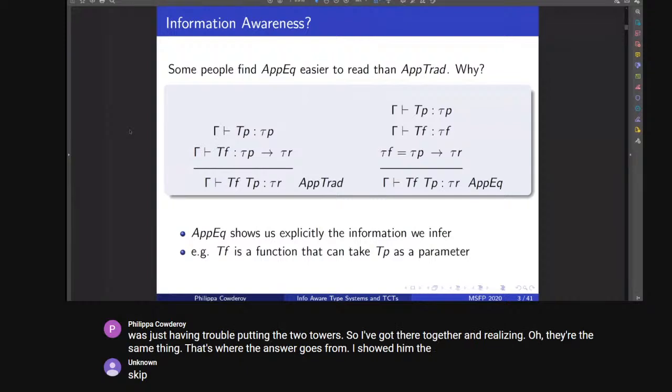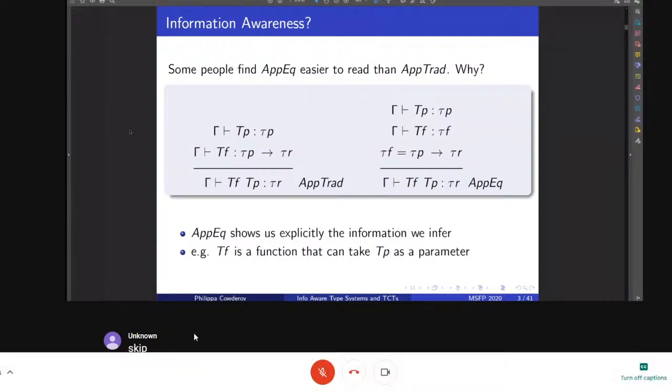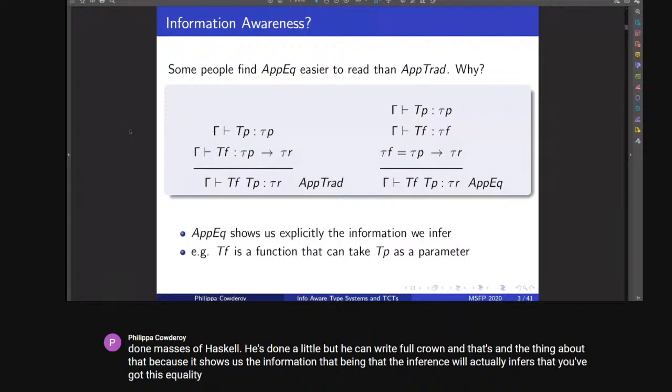Now, Dad's not done masses of Haskell, he's done a little, but he can write Fortran in it. And the thing about APIC is that it shows us the information that the inference rule actually infers, that you've got this equality, and we can reason with it, so we can work out that TF must be a function that can take TP as a parameter.